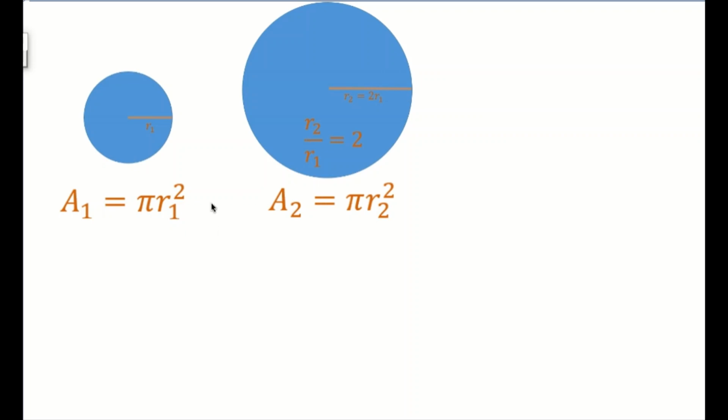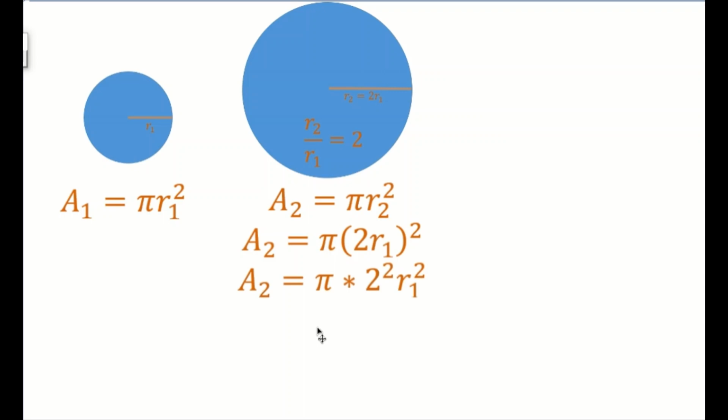If we want to look at how these areas are related, though, we can come up with a way to combine them. Because here, the second radius, the thing we're squaring, is 2 times the first radius. So 2 r sub 1 squared. And we're squaring the entire thing, which means we can square the 2 and square the radius.